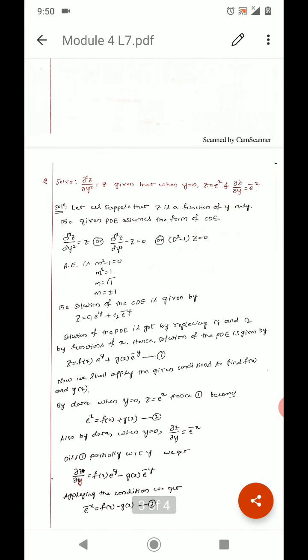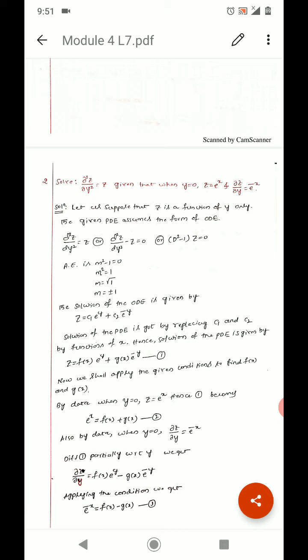Next problem is del square z by del y square, which is equal to z. Given condition, when y equal to 0, z equal to e power x, and del z by del y is equal to e power minus x. So here z is a function of only one independent variable, that is y.